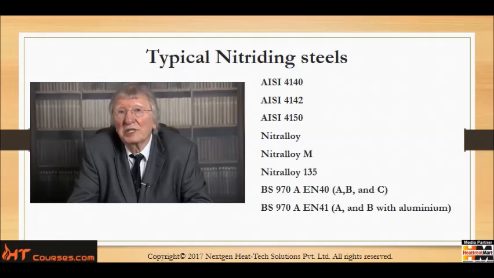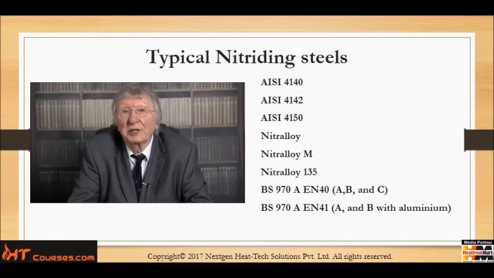The Nitralloy steels were developed in the early 1900s. Nitralloy M and Nitralloy 135 were developed as nitriding steels in Europe and later in the United Kingdom with Thomas Firth and John Brown Steel Company.